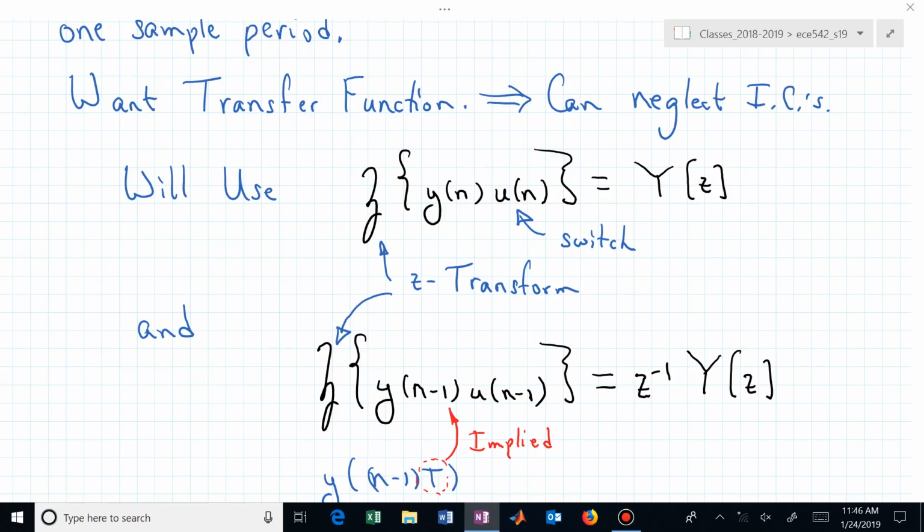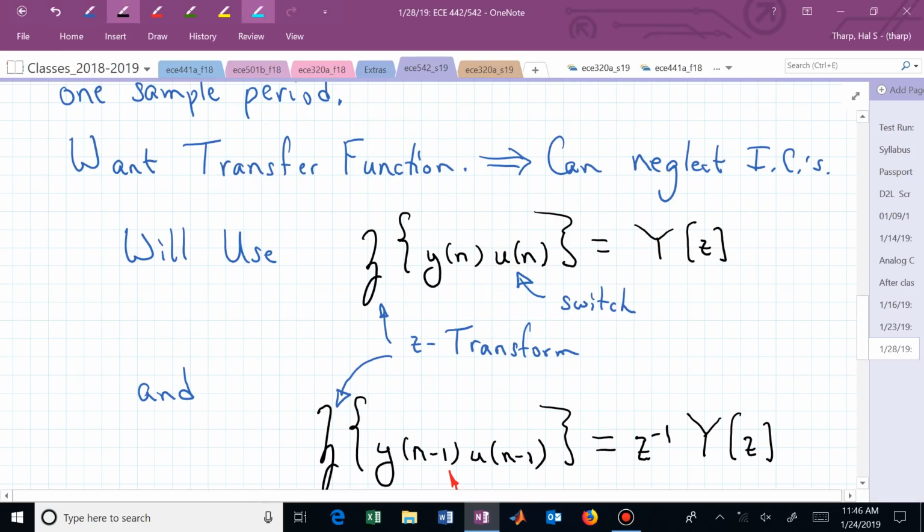So y of n might be defined for all n from minus infinity to plus infinity, but with this product in place, we are interested in y of n for n greater than or equal to 0, because u of n is equal to 1 for n greater than or equal to 0 and 0 elsewhere.